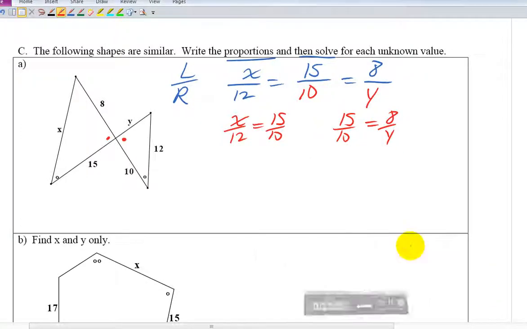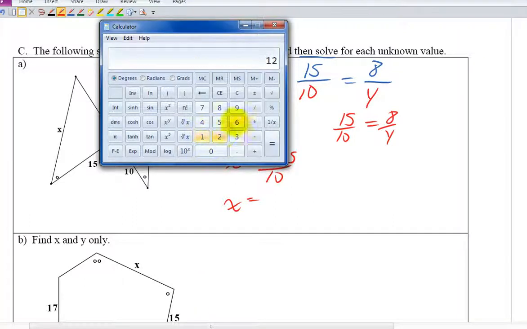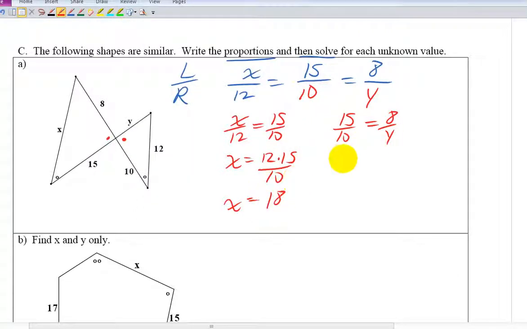I'll give you some. So here we have x equals 12 times 15 divided by 10. X equals 18. Over here we have 15 times y equals 10 times 8.